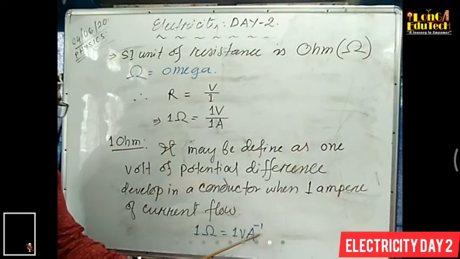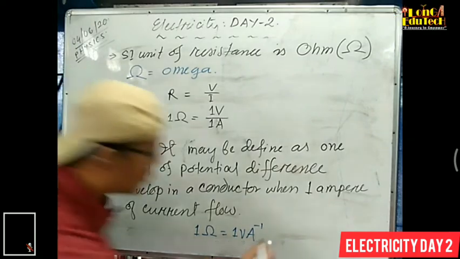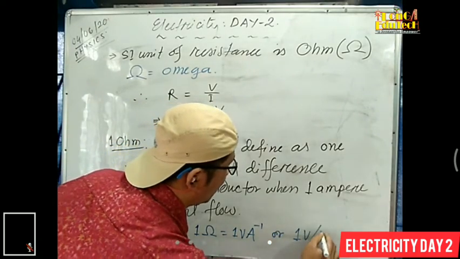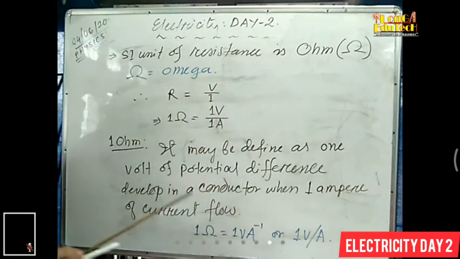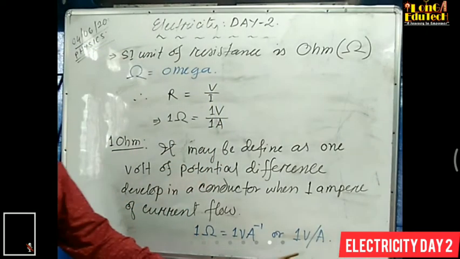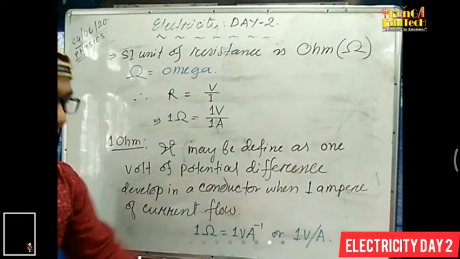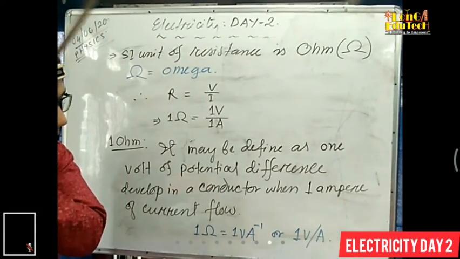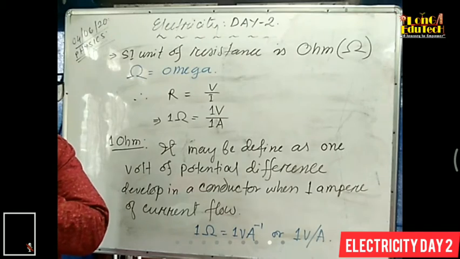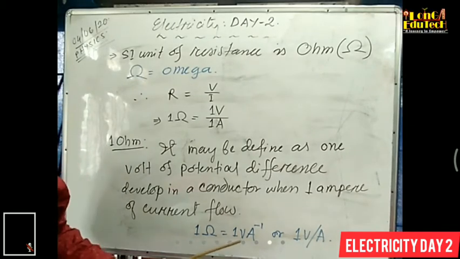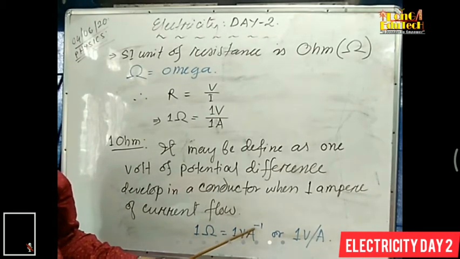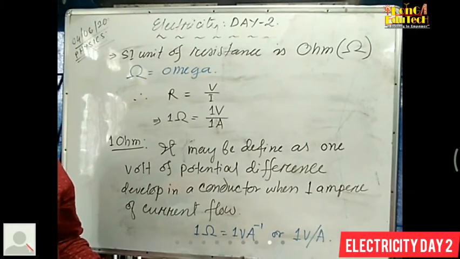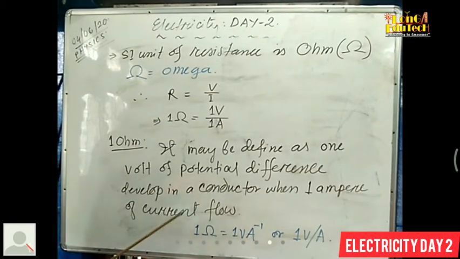Don't get confused, the -1 is the per ampere. Or if you don't want, you can write like this: 1 volt per ampere. In childhood you studied this as 1 volt per ampere with a slash, showing divide. In higher classes, per ampere can be denoted by -1. So that's the point. This is what we have to know about the 1 ohm.